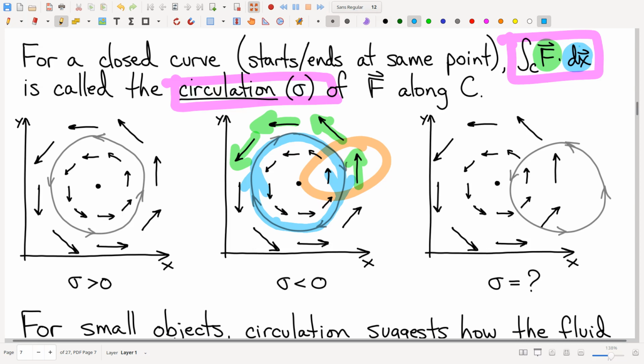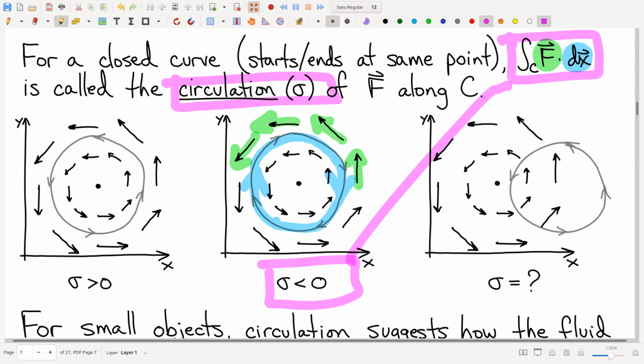And again, adding up over the entire curve, you look here, you look here, you look there, the whole way around. In this case, we're getting negative contributions the whole way around. So again, here I would expect the circulation, that vector line integral, to be negative. Everybody all right?